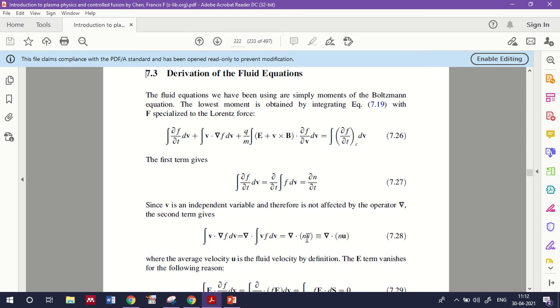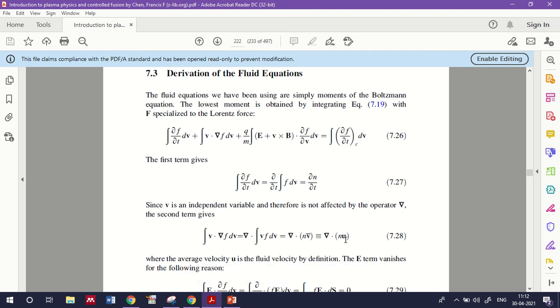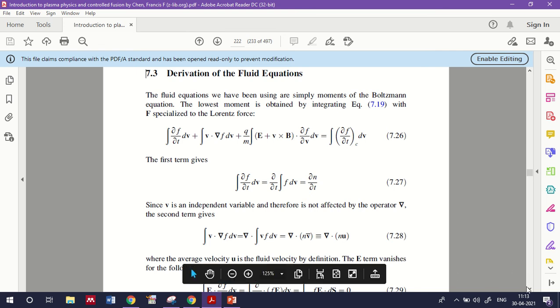So ∇ · (n v̄) is equal to ∇ · (nu), where u is the fluid velocity. This is the average velocity in a medium. We call it the fluid velocity u because, when we consider the fluid equation, we consider a relative average velocity. That is in terms of u, as we have seen in the fluid equation derivation discussed in the earlier lectures.